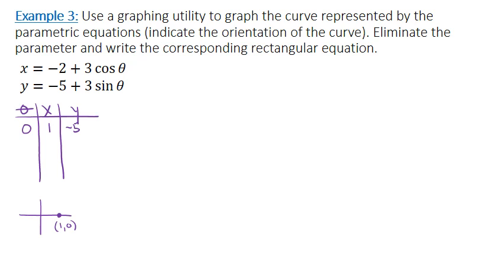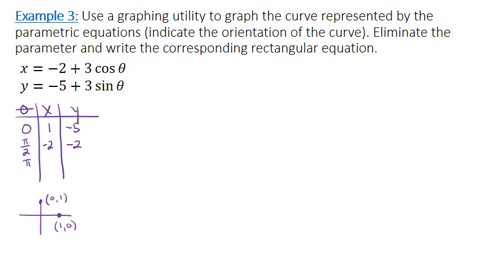Then, let's do pi over 2. Pi over 2 on the unit circle is here. This ordered pair is 0, 1. So now cosine is 0, so x is negative 2. And then this is 1, so y is also negative 2.